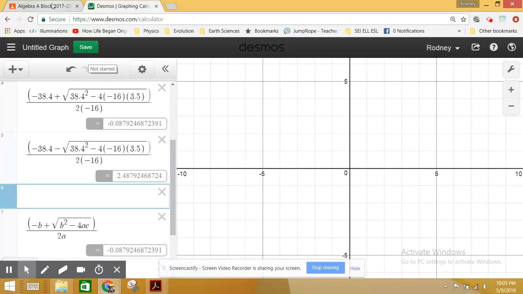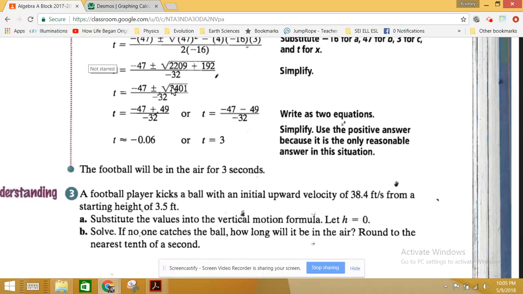So the answer that we care about is 2.49. That is how long the ball will be in the air. The part A used that vertical formula, and then we solved it.